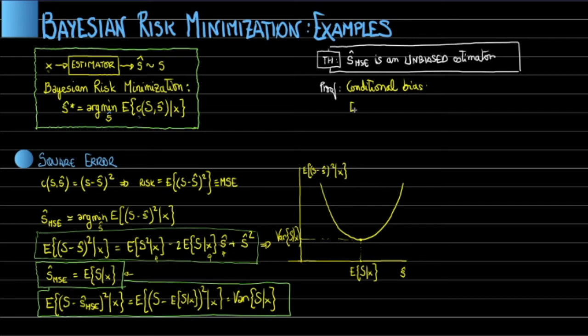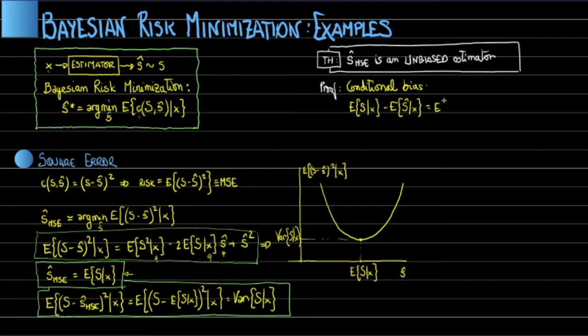The conditional bias is just the expected value of S given x minus the expected value of the estimator S hat given x. Okay?